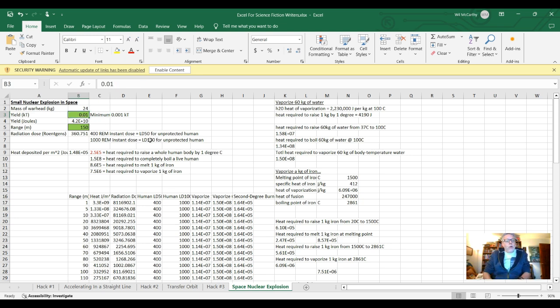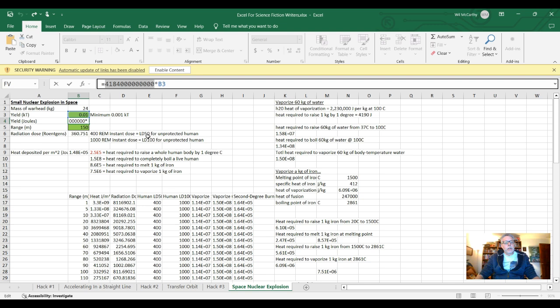For our purposes, we will model an explosion that's 0.01 kilotons, or about 10 tons of TNT. So we're talking about a good-sized truck bomb. Again, pretty small for a nuclear explosion, but still nothing you want to be close to. We can calculate our yield in joules using this conversion factor between kilotons and joules.